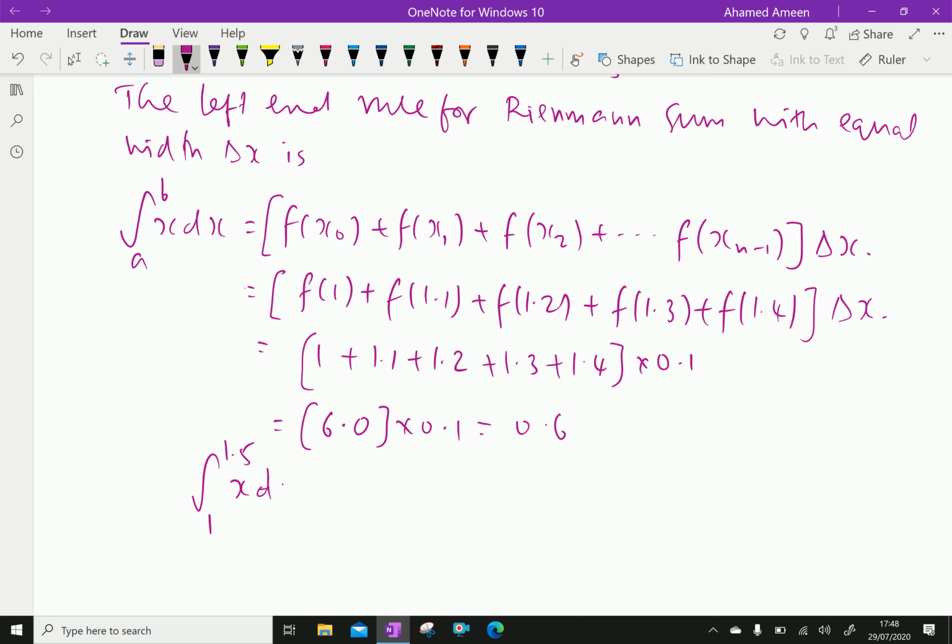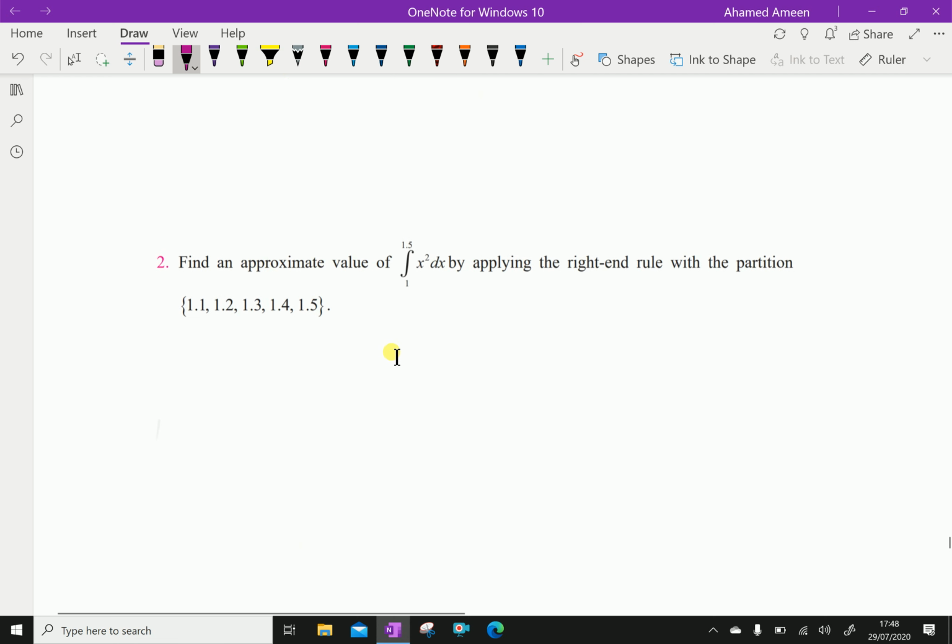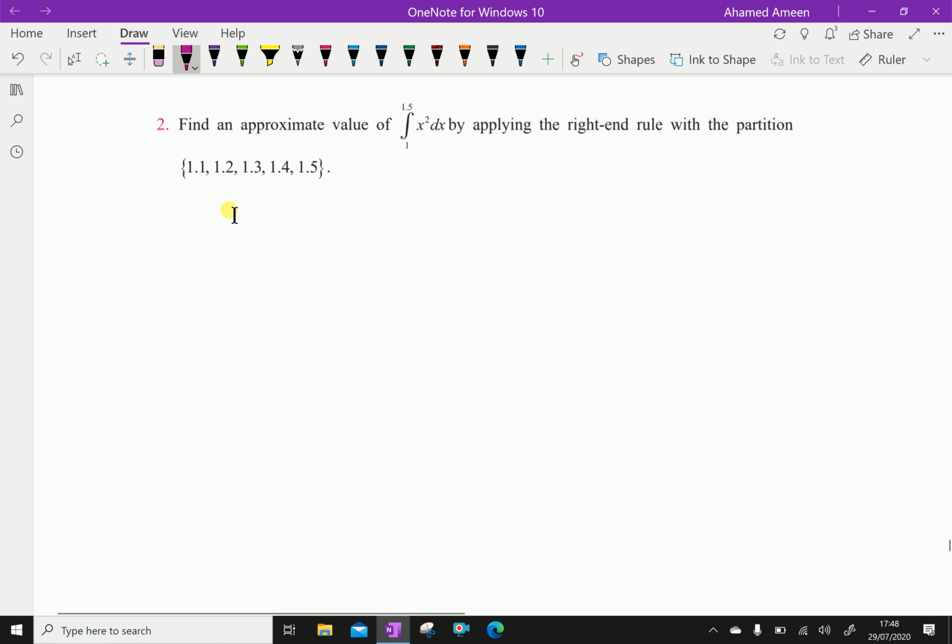Now the second question: find an approximate value of the integral from 1 to 1.5 of x squared dx by applying the right hand rule with the partition 1.1, 1.2, 1.3, 1.4, 1.5.